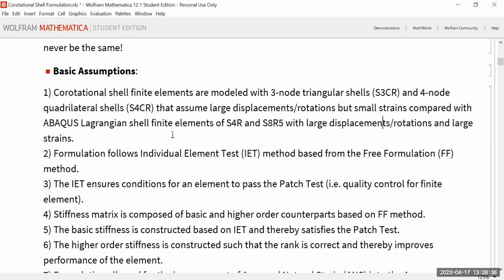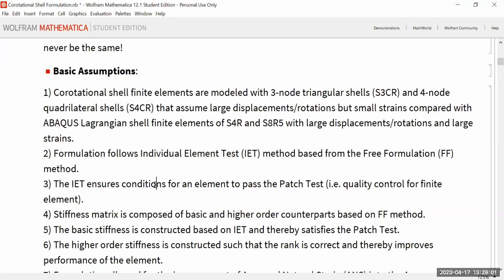Before I talk about the equations, this formulation is based off the paper from Hagen and Philippa. They formulated the shell finite elements using the individual element test method, and this was based off a free formulation.